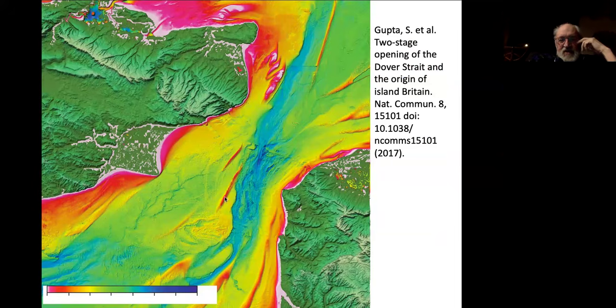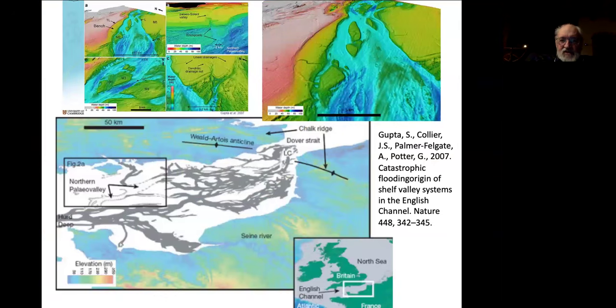This is the high areas and low areas, the shape of the English Channel, and all these streamlined elements that were created in what's now the English Channel by massive mega flooding. In other words, the separation of Britain from France was created by mega floods during an earlier part of the last ice age.